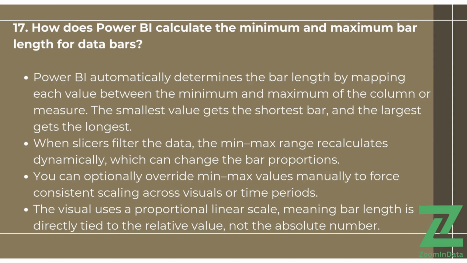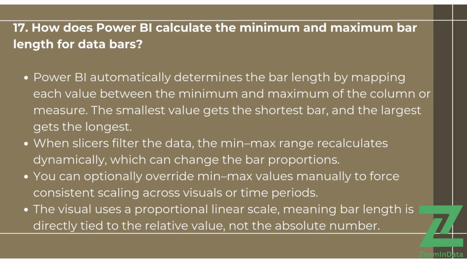17th question. How does Power BI calculate the minimum and maximum bar length for data bars? Power BI automatically determines the bar length by mapping each value between the minimum and maximum of the column or measure. The smallest value gets the shortest bar, and the largest gets the longest. When slicers filter the data, the min-max range recalculates dynamically, which can change the bar proportions.